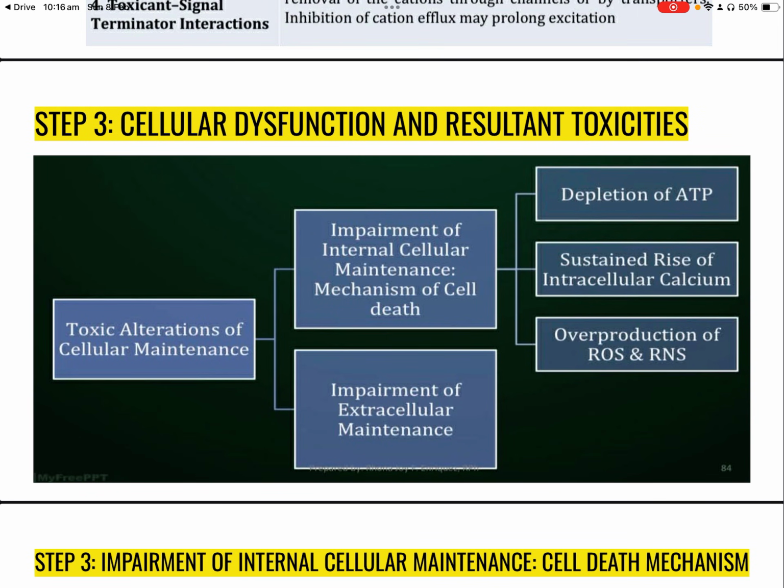And then we are on step three, cellular dysfunction and resultant toxicities. So once there is interaction with the target. So step 2 is, class, interaction with the target. So again, step 2 is the pivotal molecular event where the toxicant binds to an endogenous molecule.